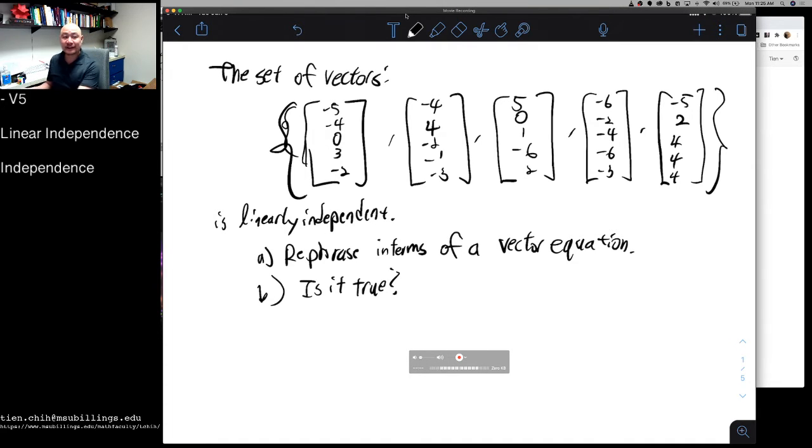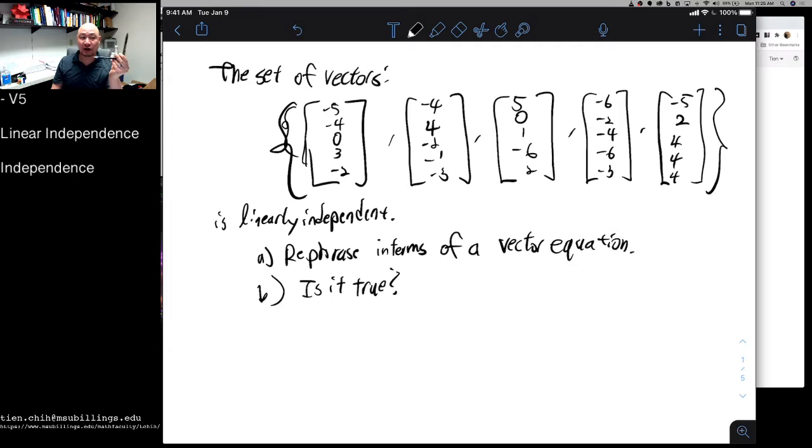Hi, so in this video we're talking about linear independence and how to identify when a bunch of vectors is linearly independent. To recall what it means to be linearly independent or dependent: vectors are linearly independent if you take a collection of them and there's no way you can make one of them by combining the others.